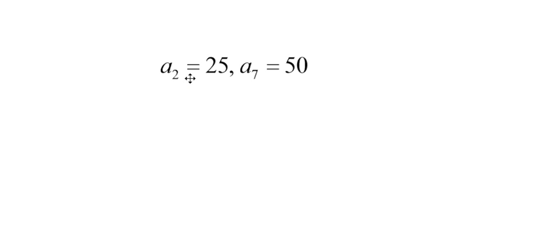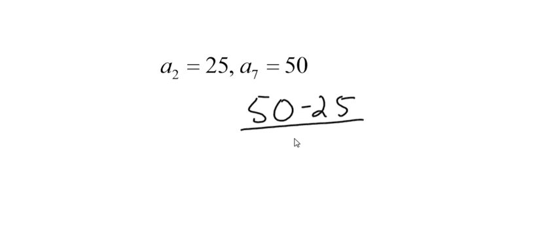Now, let's look at these two terms that come from an arithmetic sequence, and let's try and figure out the common difference rather quickly. Well, if we know that a sub 2 is 25, a sub 7 is 50, to come up with the common difference, we know that there has to be a range of 50 minus 25, that range of numbers, divided by the range in terms, which would be 7 minus 2.